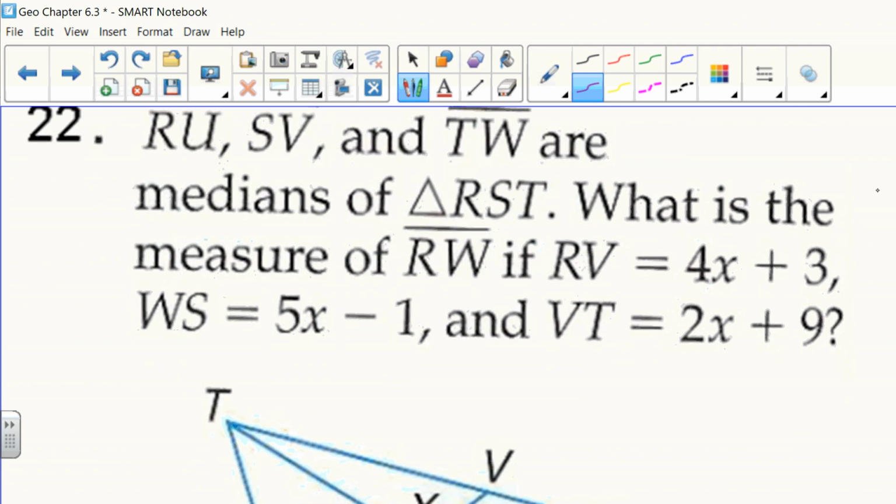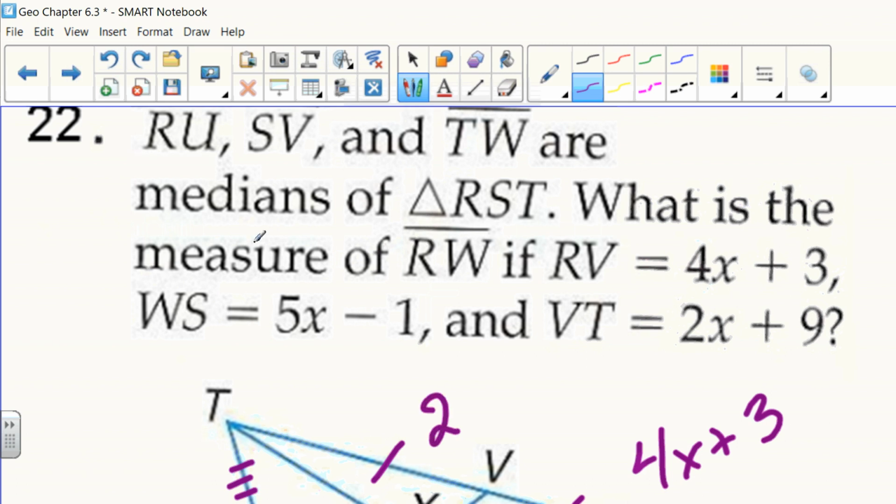So again, we have medians, which is just telling us that each one of these segments are split in half. Now we're told that RV is 4x plus 3, VT is 2x plus 9, and WS is 5x minus 1.